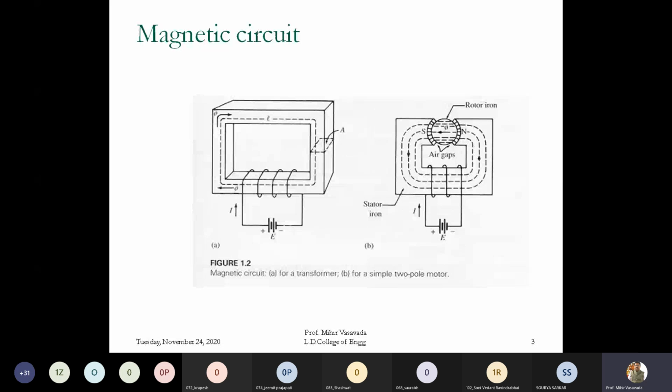The circuit on the right hand side is an example of the rotating device, the motor we are using in our day-to-day life, and motors used in our home appliances.